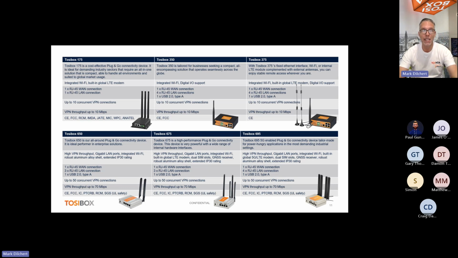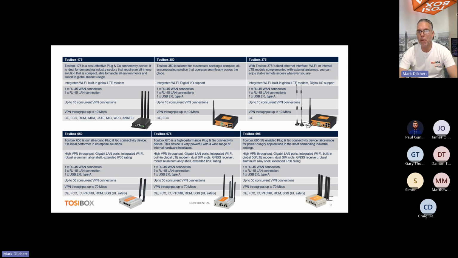Throughput, outcome, user interface, exactly the same across those products. Then going on to the 600 series, faster throughputs, dual SIM functionality, gigabit LAN ports, higher temperature range. So everything just increases higher, and it's choosing around what suits your application for whether you're taking the top devices or the bottom devices.